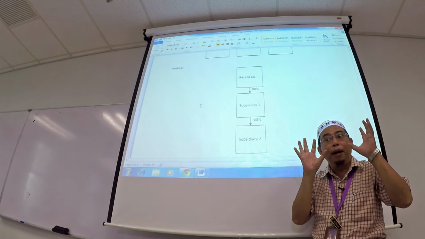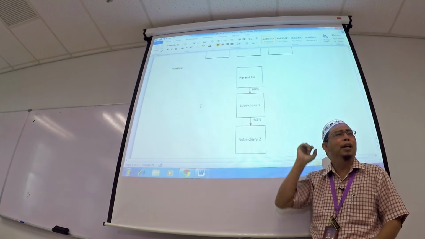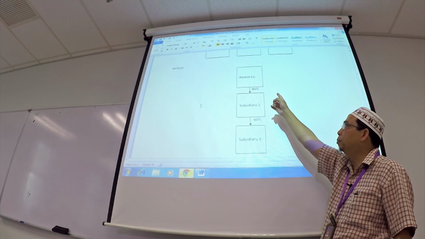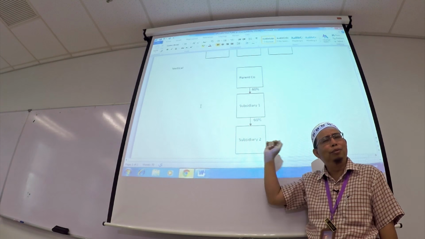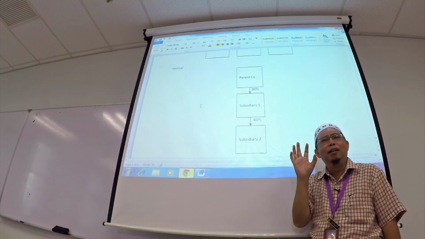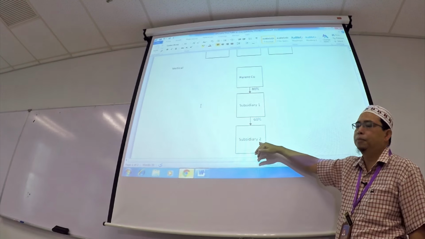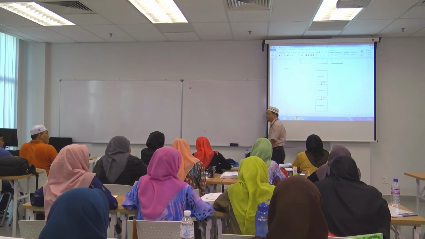You need to look at the parent's point of view, not subsidiary 1's point of view. So what's the relation between the parent and subsidiary 2? You need to do some calculation. Very simple.